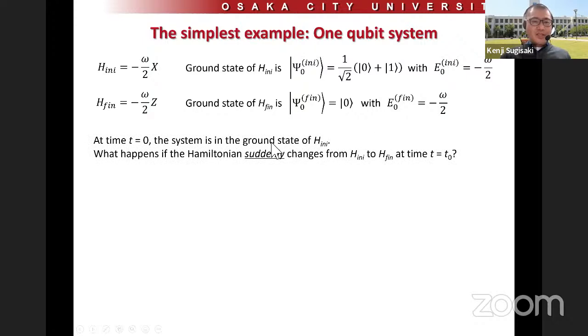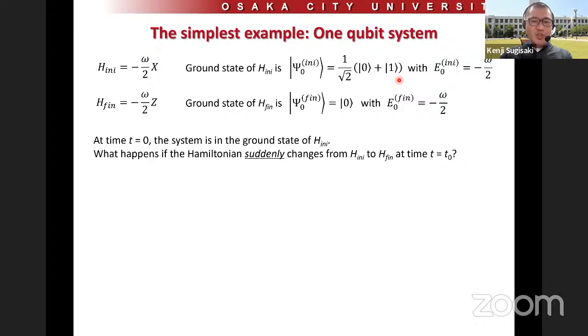Let us think that at time t equals 0, the system is in the ground state of H initial. So at time t equals 0, we have the eigenfunction written here.